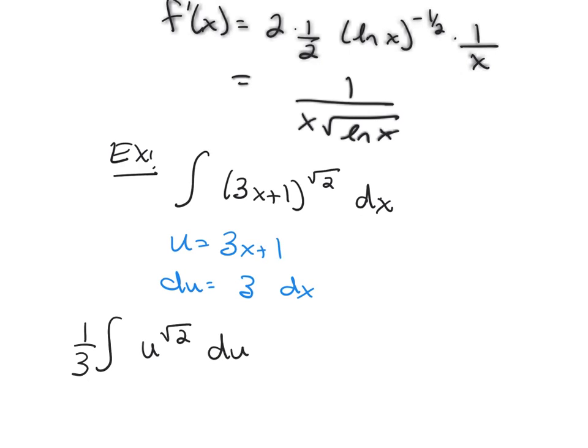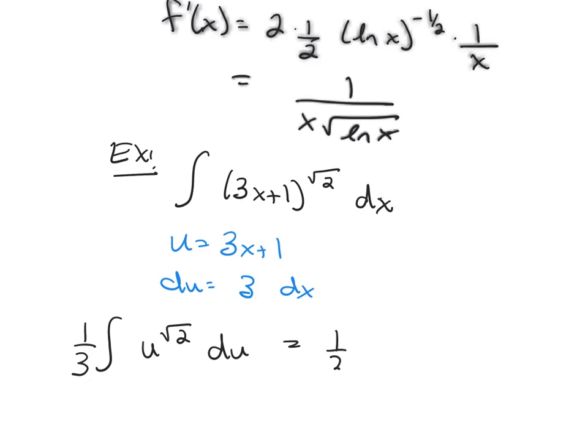Don't get tripped up by that square root of 2 in the exponent. That's just a constant, right? So it's 1 point something. So you're going to do the reverse power rule, just like you would normally do.